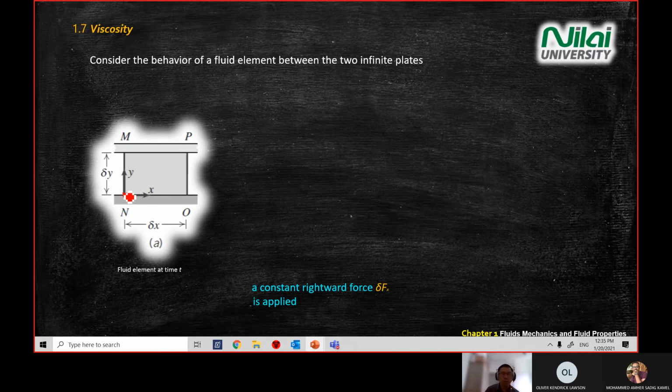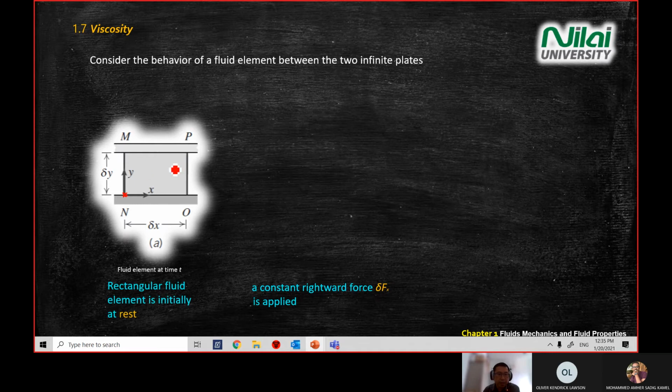The value for z is 1. So for this one, if you want to find the area of this MNOP, then you take del x times del y to find the area. Okay, right.